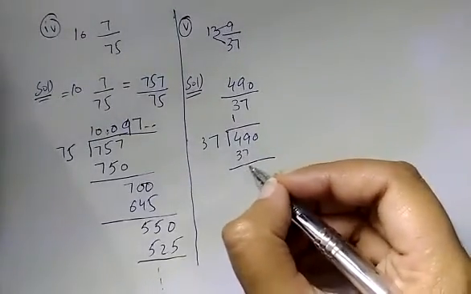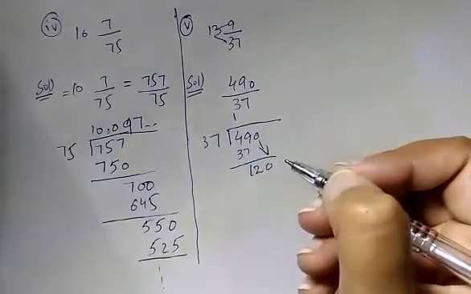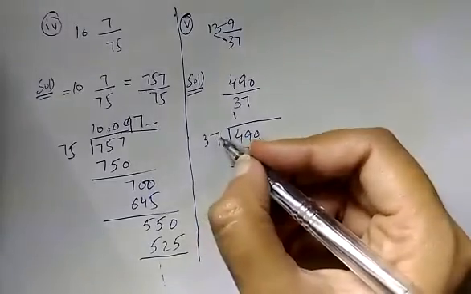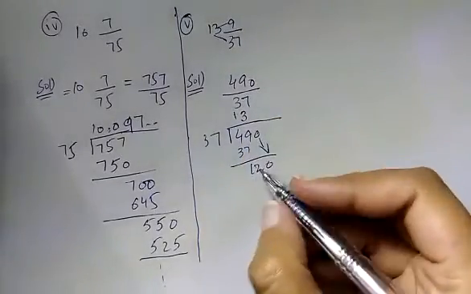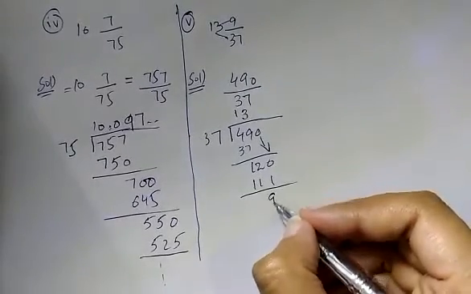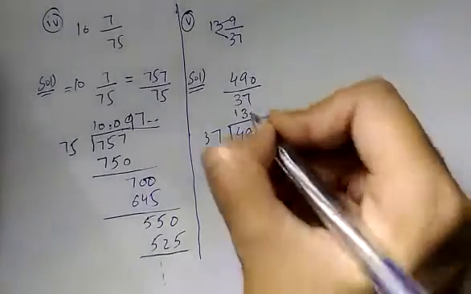The remainder is 12. We can place here a 0. Now 37 3s are 111. The remainder is 9.